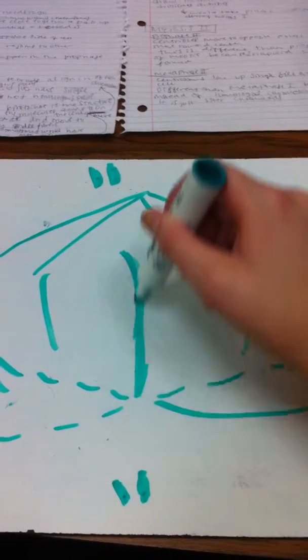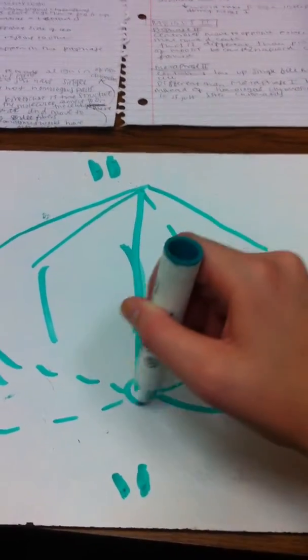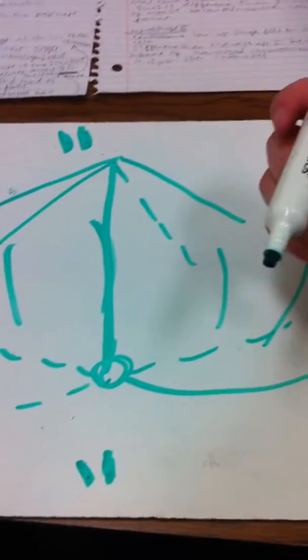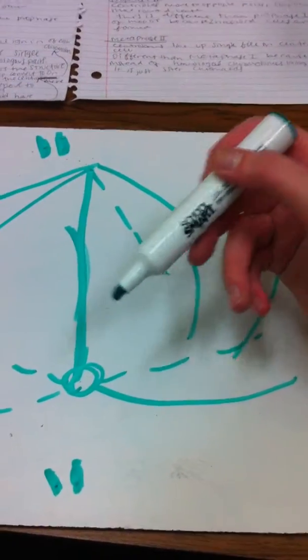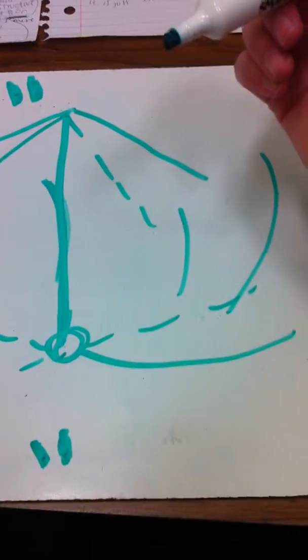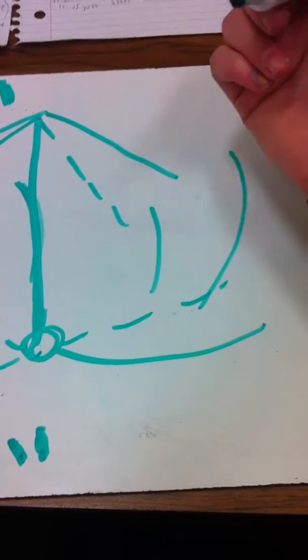And then these spindles here, they're going to attach to the chromosomes at their centromere, which is right here, and the kinetochore is the structure that's going to attach to these centromeres of each chromosome. But in the anaphase of mitosis, only single chromosomes would pull apart, not the entire homologous chromosome like it is here.